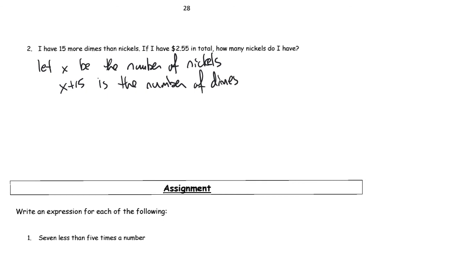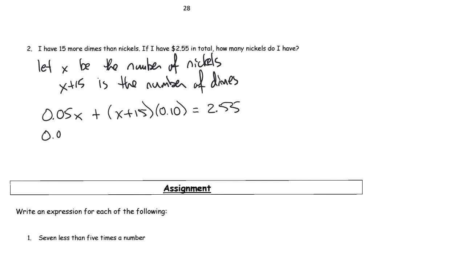So now I know that I'm going to have 0.05. There's my nickel. x, okay? So x of them. Plus, now I got to put this in parentheses here because this is the number of dimes that I've got. And the value of the dime is going to be that 0.10. And that is supposed to be $2.55 when I add that all up here.